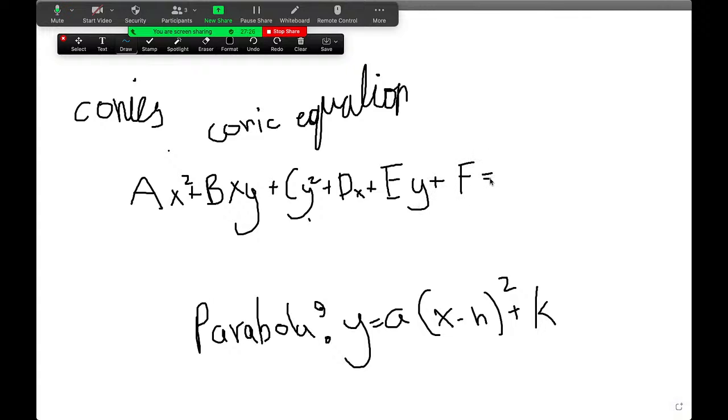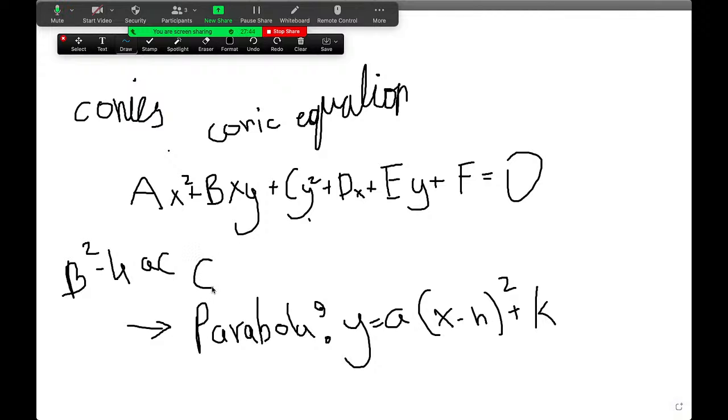I don't think you guys remember this, but this is the conic equation. And remember the discriminant, b squared minus 4ac? That was how you could tell between the parabolas and the hyperbolas and stuff.